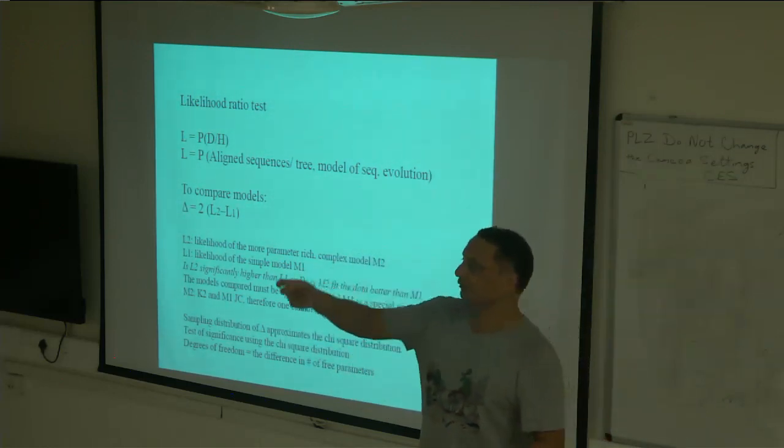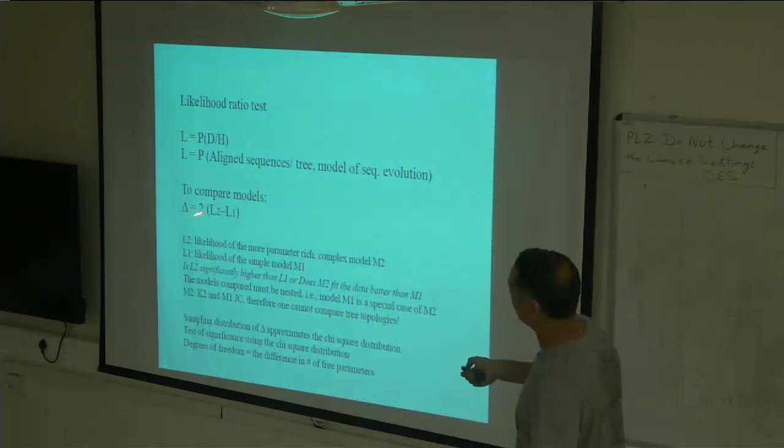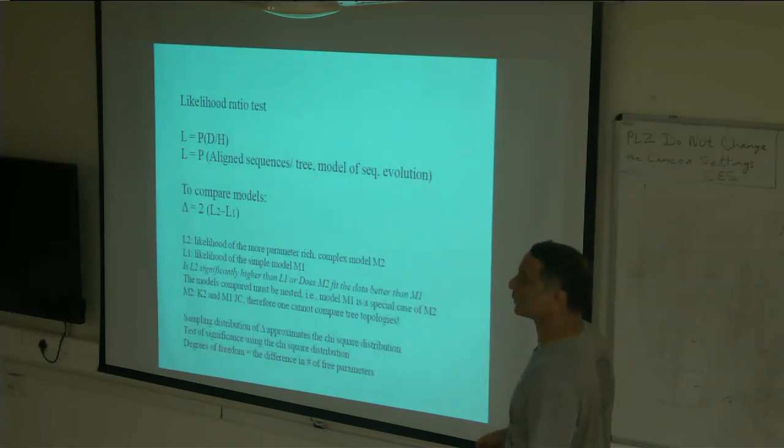You'll get a slightly different likelihood score, and you can then find out whether it's a better fit. The sampling distribution of delta approximates the chi-square distribution, so you can use the chi-square table to figure out if the difference that you've got is significant or not.